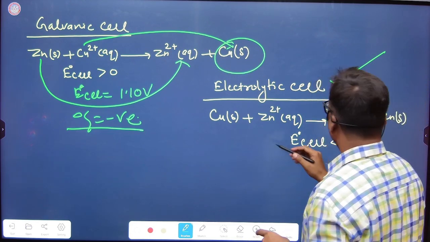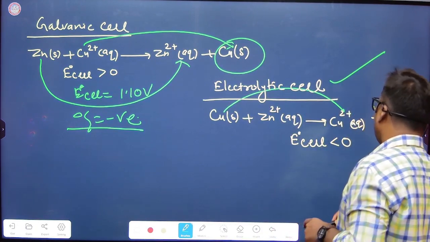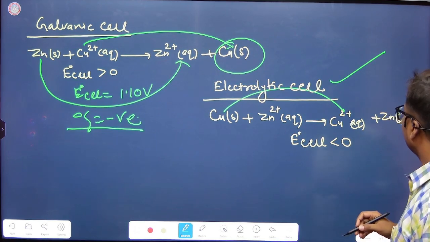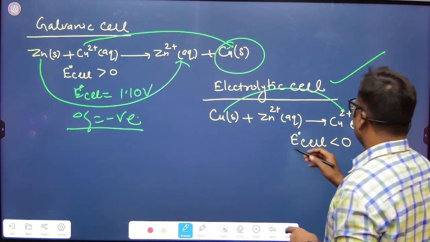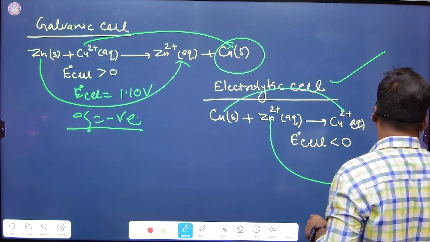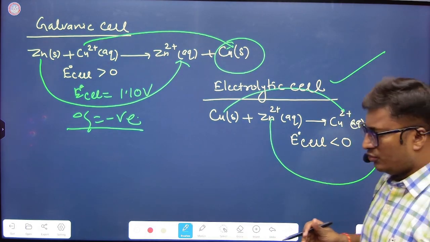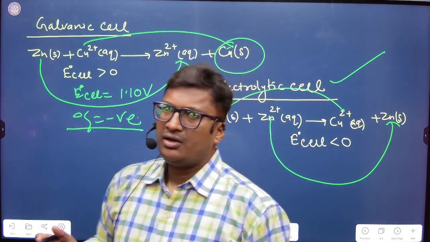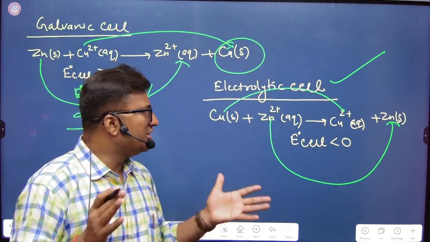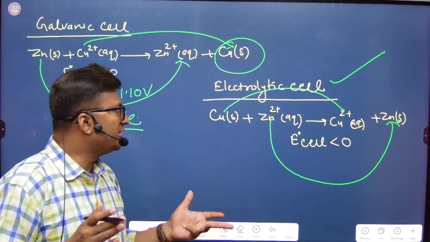Copper solid is dissolved, right, as Cu2+, and zinc 2+ aqueous is reduced as zinc solid.